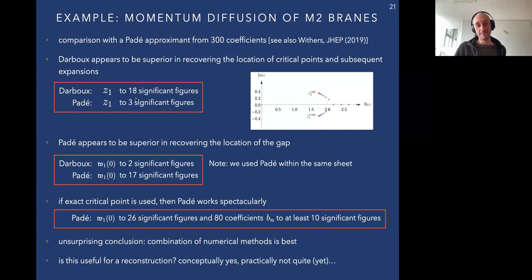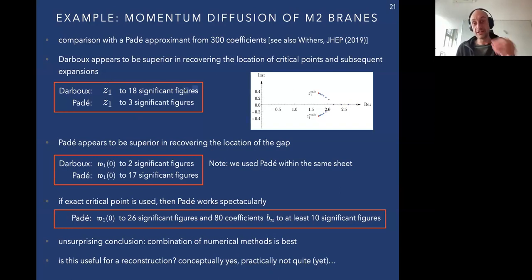Actually, the best thing about Darboux is that it gives you the critical point, okay? With this algorithm that we developed, or the Hunter-Guerrieri thing, what you get amazingly well is the location of Z1, the position of the critical point. In this case, you get it to 18 significant figures.